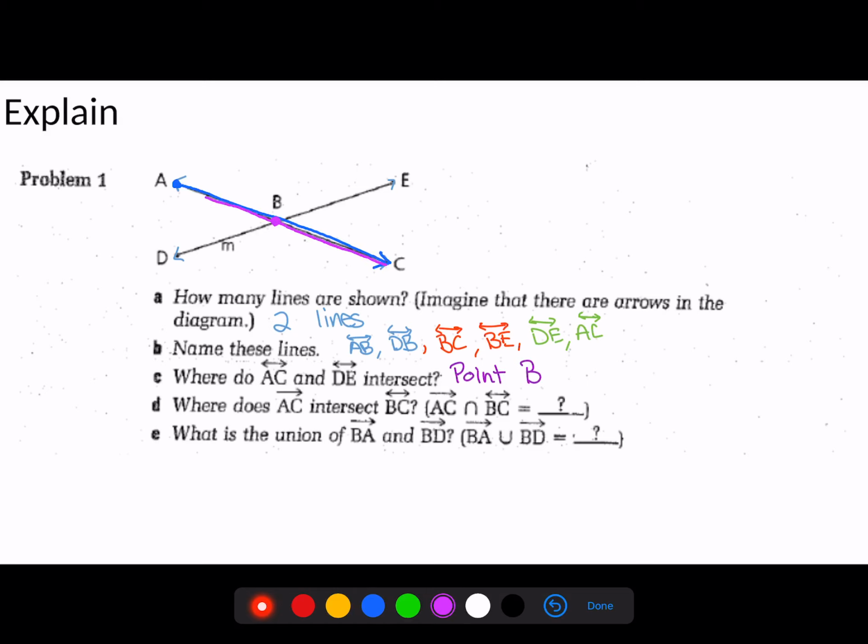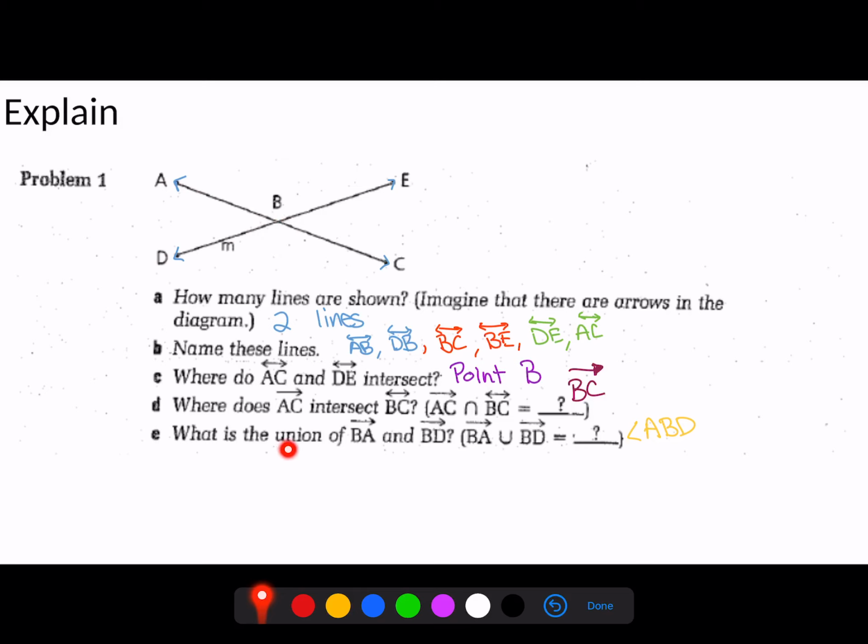So I'm going from A to C, and then I also have line BC. So BC is the entire line going both directions. Well, they overlap at ray BC. So ray BC and AC overlap at BC.